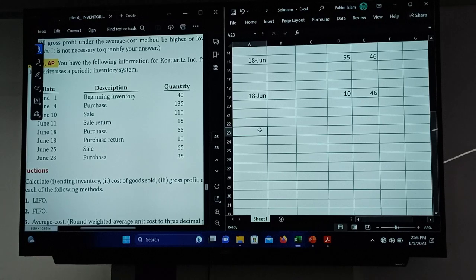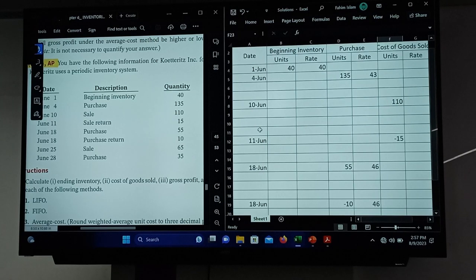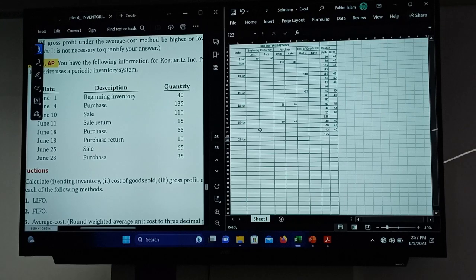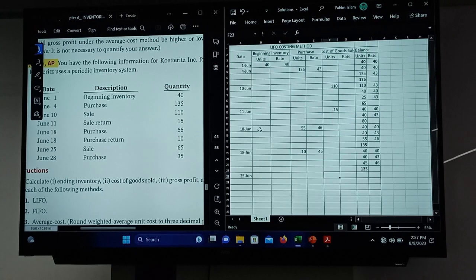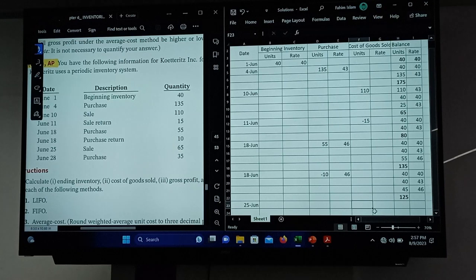Finally, at June 25, we are selling 65 units of products. So we'll write that in our cost of goods sold. Units, so we are writing 65. Now what should be the rate? The rate should be taken from the last. 45 will become first at 46.